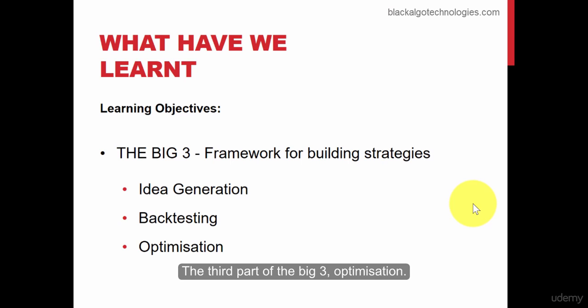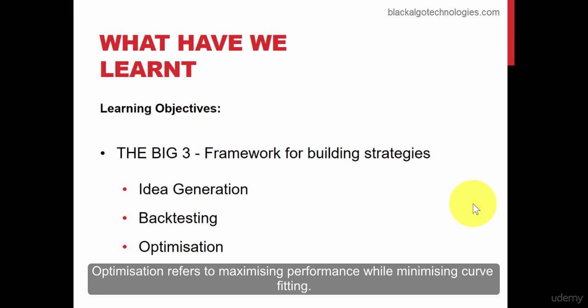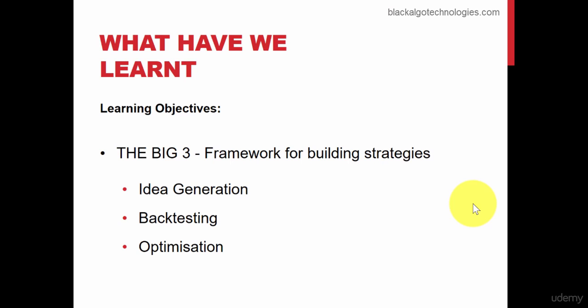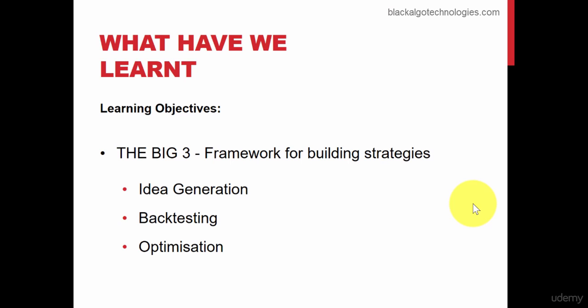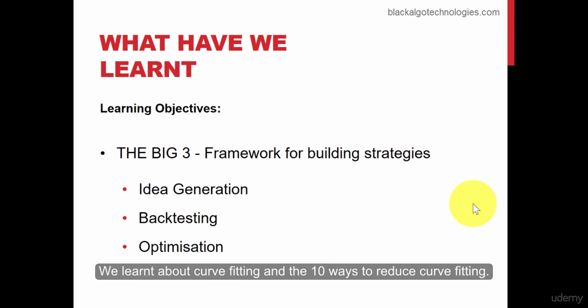The third part of the big 3, optimization. Optimization refers to maximizing performance while minimizing curve fitting. So we learned about how to define performance. What are robust objective functions? We learned about curve fitting and the 10 ways to reduce curve fitting.